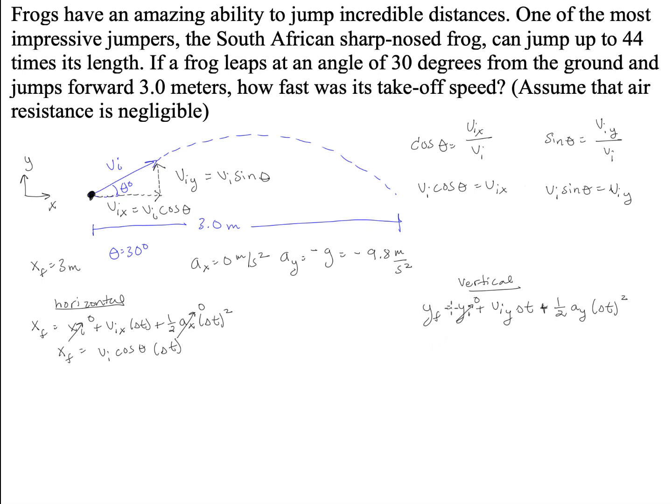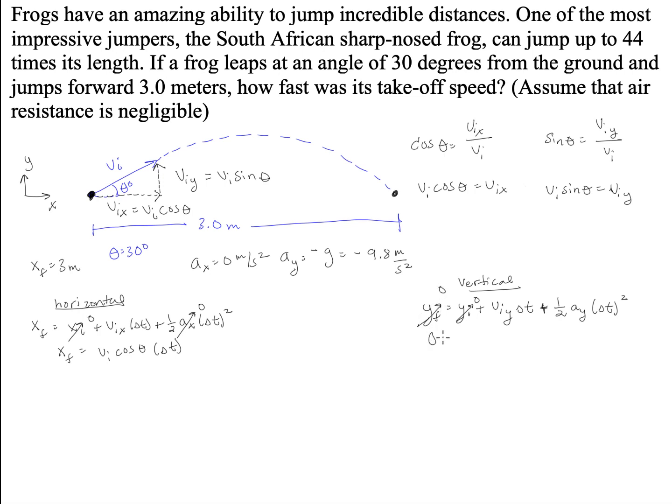And what about y final? Well, when the frog landed, even though it was far away and even though it went up and down, y final is just referring to its y position when it lands. So you can see that its final position is on the ground, which according to our coordinate system is where y equals 0. So this term also goes to 0.